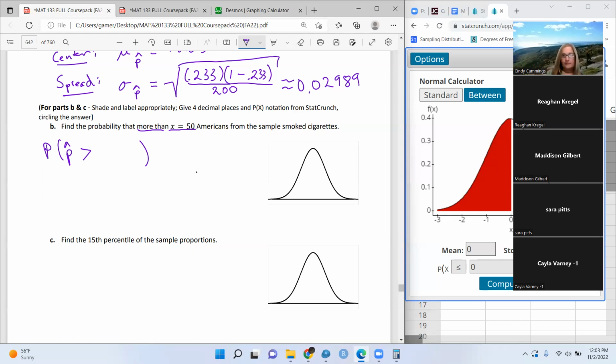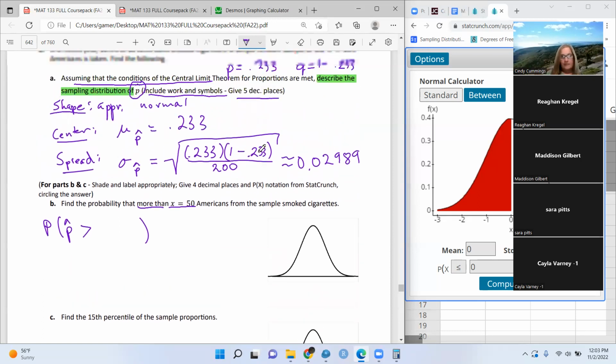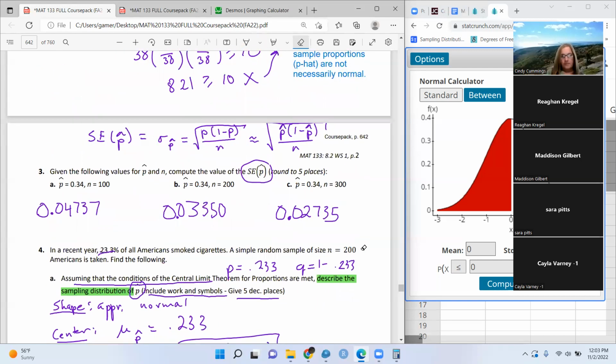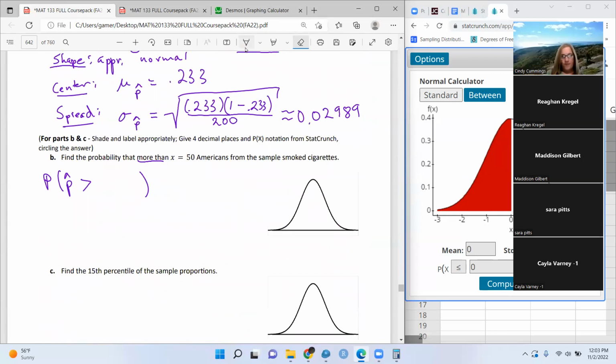How? You're nailing it, but how? So that would be 50 over 100. Why did you pick 100? So think back to P hat, what it's equal to.